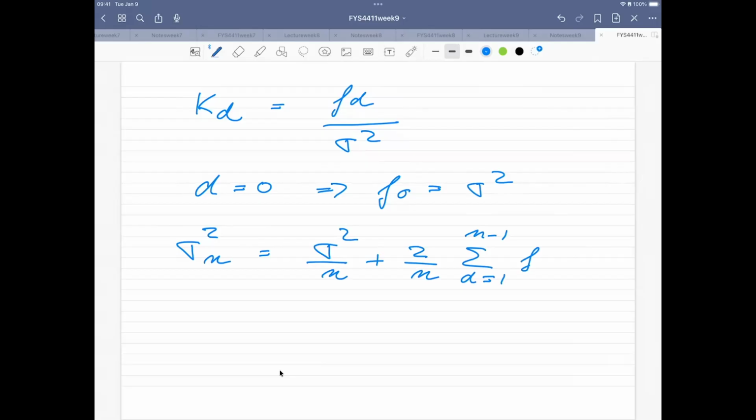And we can rewrite that one in terms of this function kappa. You can see that this is something we can rewrite like 1 plus 2, and then we have a sum with d equal 1 up to n minus 1, and then this function kappa of d, multiplied with sigma squared divided by n.